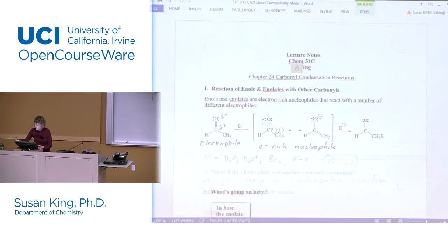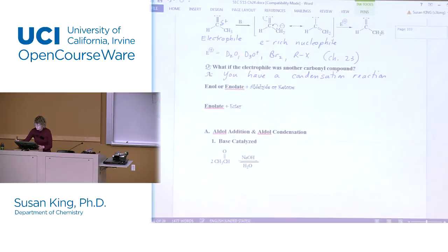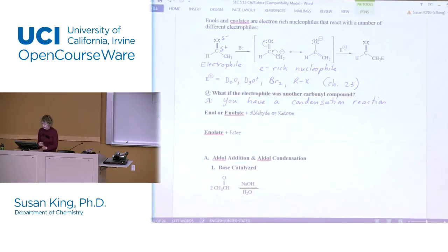We're going to talk about two broad categories of these reactions. If you have an enol or an enolate plus an aldehyde or ketone, the enol or enolate is the nucleophile and the aldehyde or ketone is the electrophile. Then you have an aldol addition or an aldol condensation, depending on what product you get.